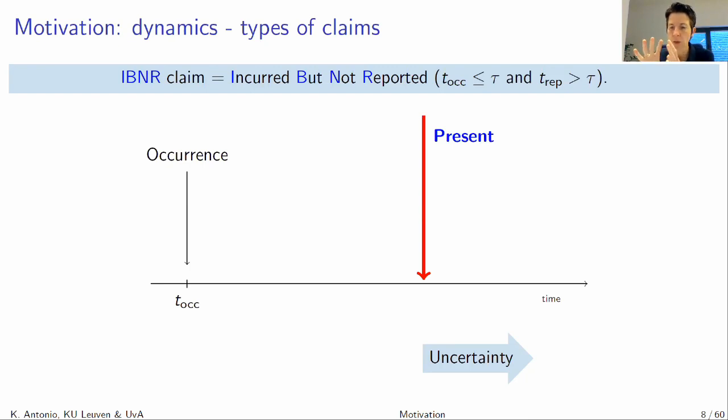If I'm working with my IBNR claims, then I try to make a prediction about how many claims will pop up in the future but actually happened already in the past. And then of course I will also try to make a prediction for the cost that such claims will bring for me as an insurance company. So these IBNR claims have to do with the reporting delay presence.